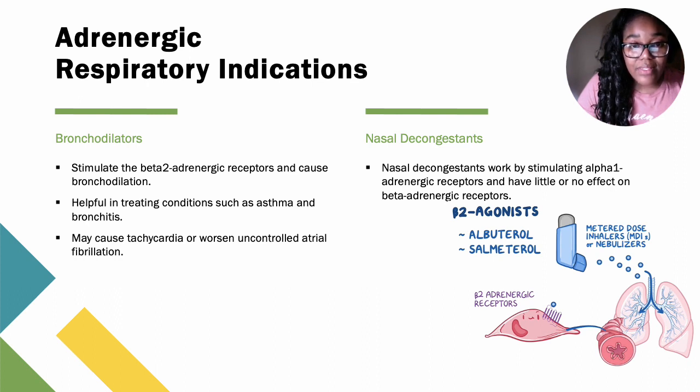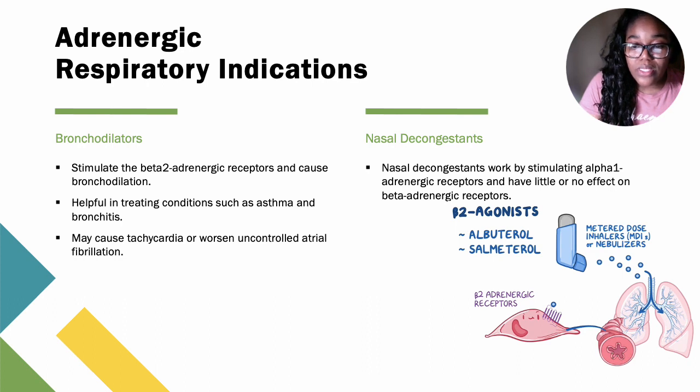You can have sinus rhythm, what we would consider to be a normal rhythm, but it's just a fast rate. So bronchodilators may actually worsen both of those conditions. So it would be very important for you to check your heart rate and check and see if the patient has any dysrhythmias or arrhythmias before giving a bronchodilator.